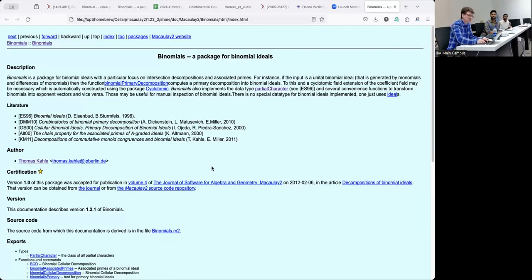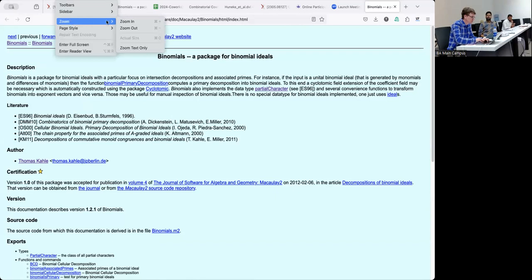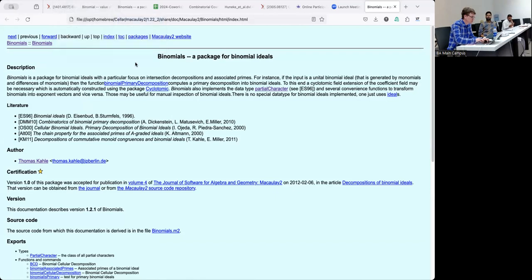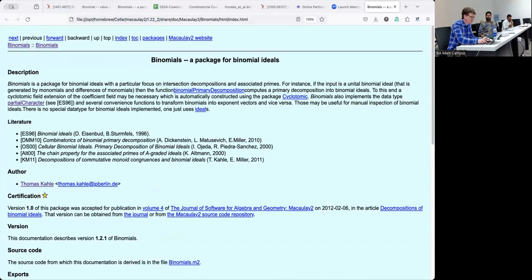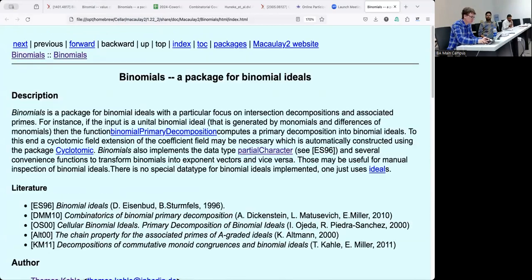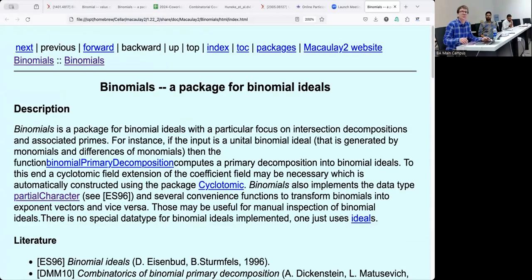And now we're going to see the browser with a probably way too small font, so I'm going to try to increase that. Control plus. Now I type view help and this opens the browser.